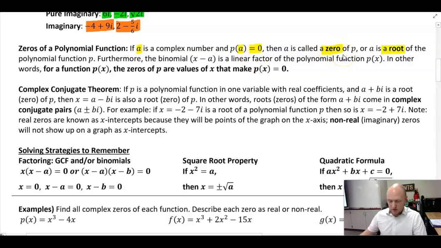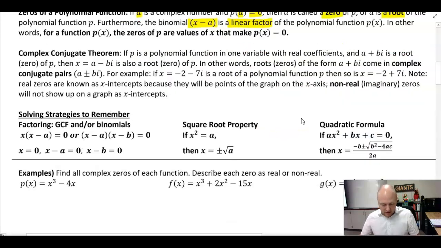So sometimes you hear zeros called roots. Furthermore, if it's a zero, there will be a binomial, x minus a, that is a linear factor of the polynomial function p of x. In other words, for a function p of x, the zeros of p are values of x that make p of x equal to 0.